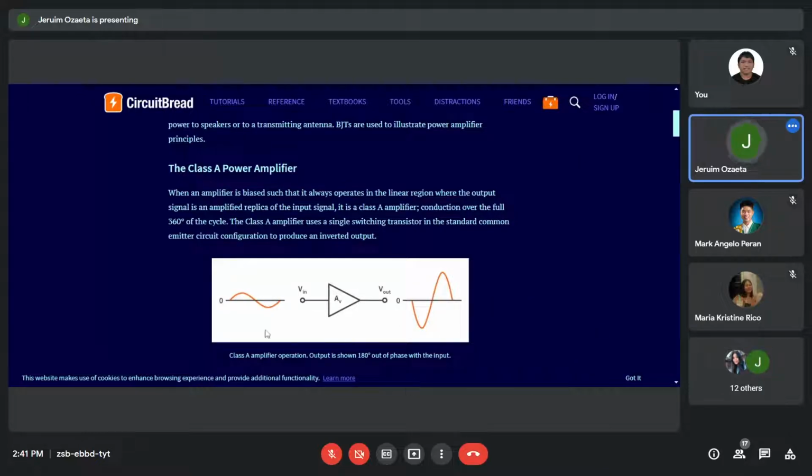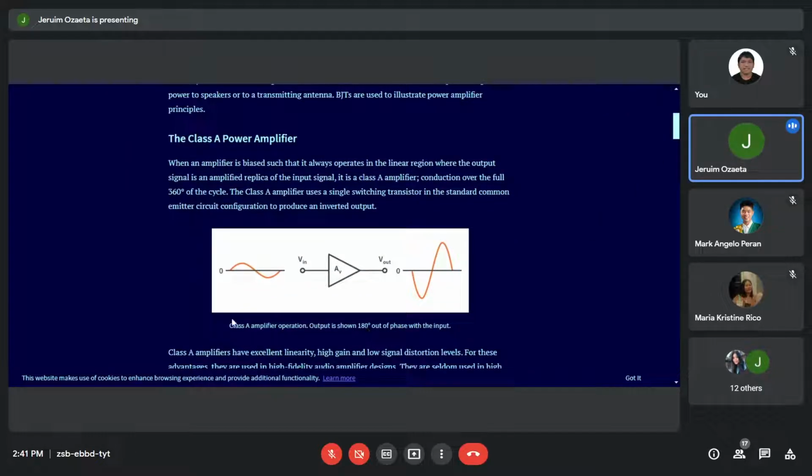The symbol is often a triangle that describes the input at the broad base, on one side, and the output at its apex opposite the side. So the input goes in here and the output goes out there.